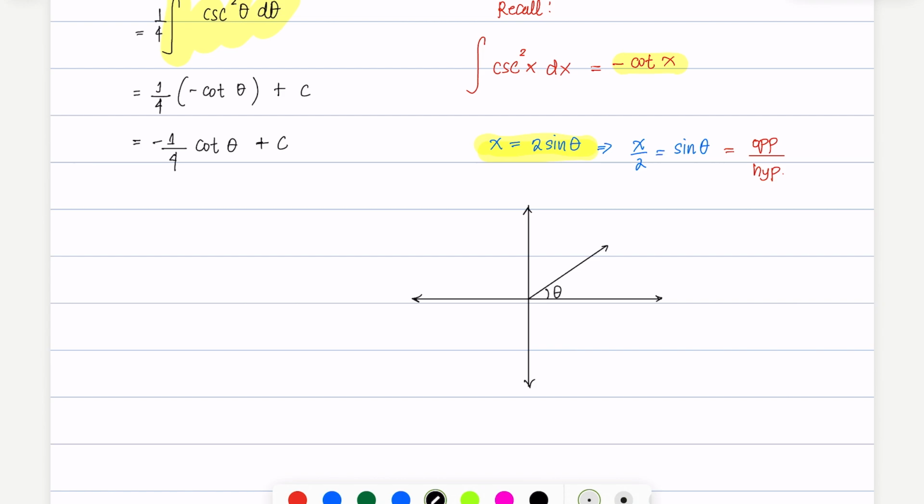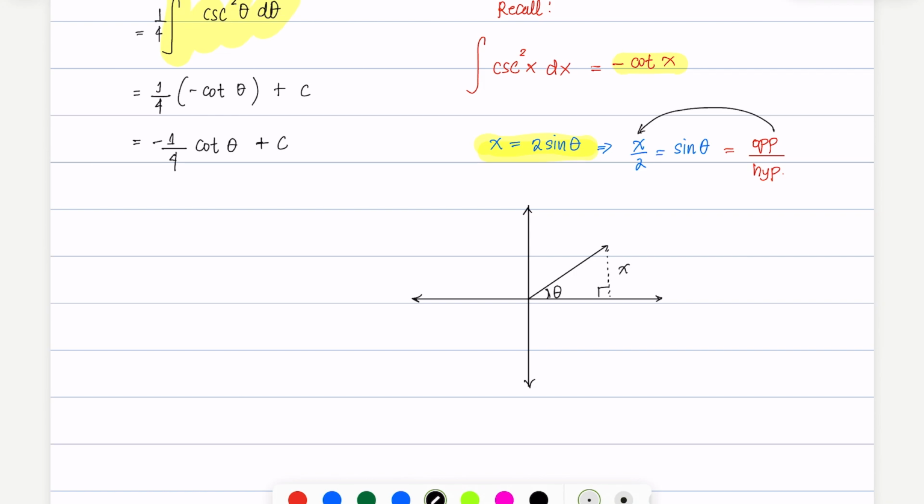Now, you let x be equal to 2 sine theta. That means to say sine theta is x over 2. And recall, as I've said, sine is opposite over hypotenuse. If this is your angle theta, the opposite is this part over here. Now, that part is x, the opposite. Now, the hypotenuse, of course, this is your 90 degrees.